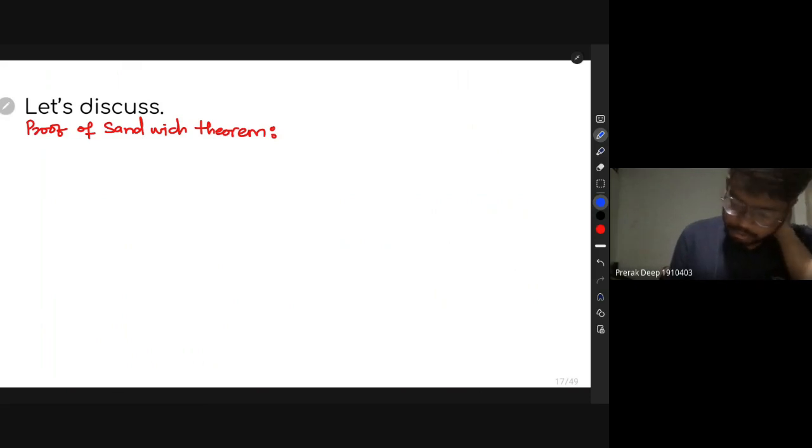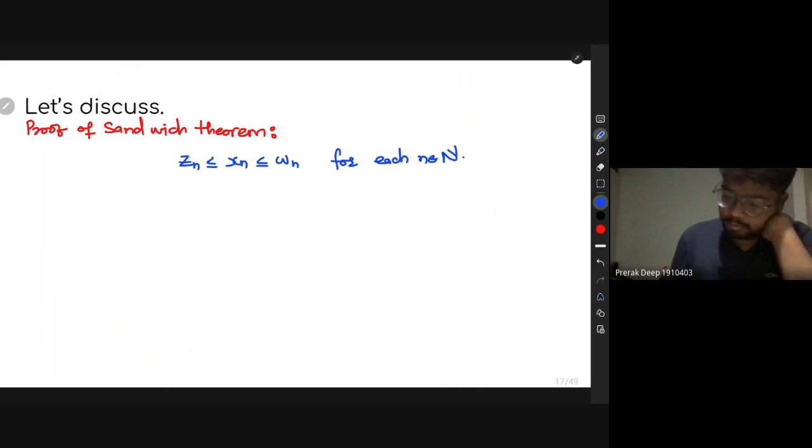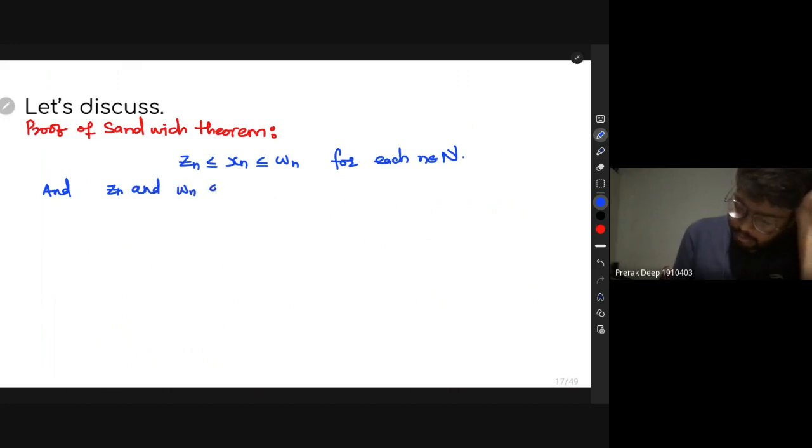So we are given a lower bound sequence and an upper bound sequence bounding xn for each n in natural numbers. This is the first thing given, and we also know that zn and wn both converge to x.